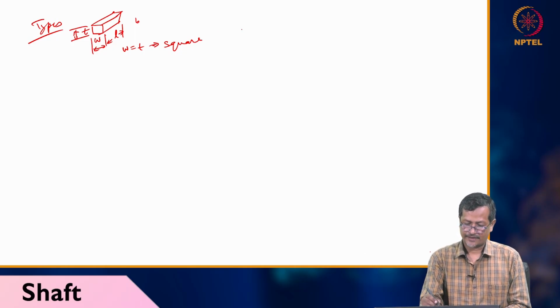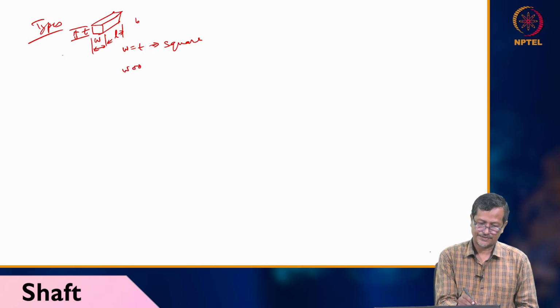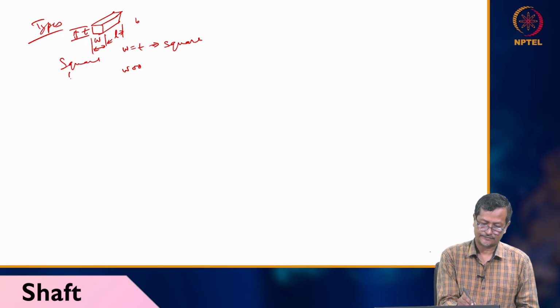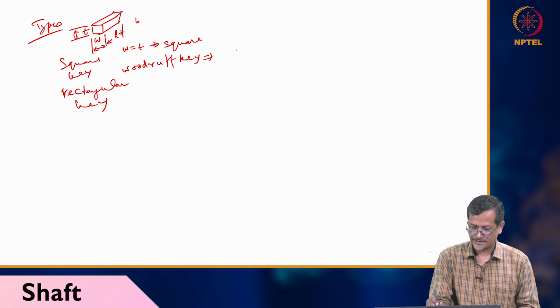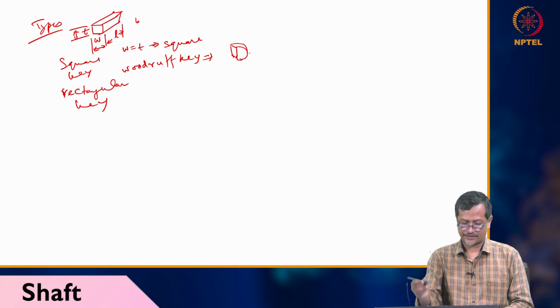And another key is the Woodruff key. It is looking like this. This is a square key, then a rectangular key, and then the Woodruff key will be like this, with a semicircular cross section.